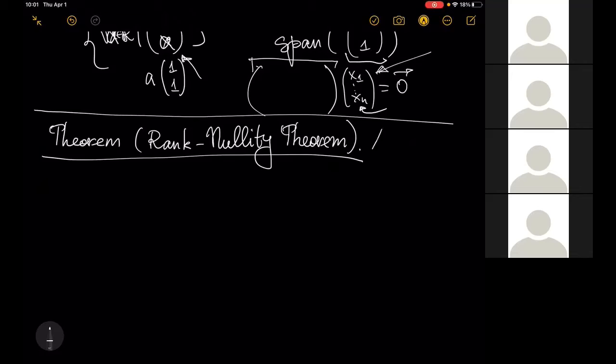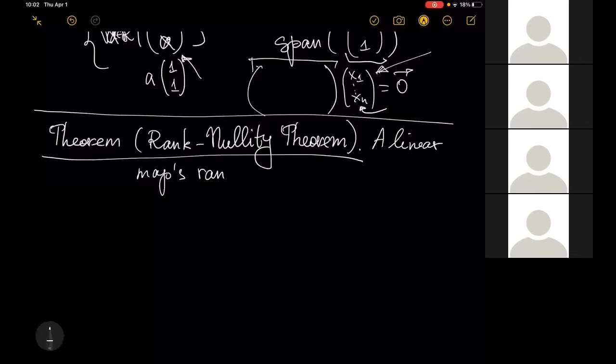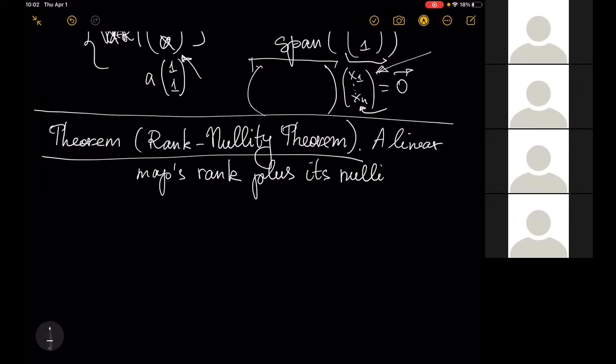A linear map's rank plus its nullity equals the dimension of its domain.